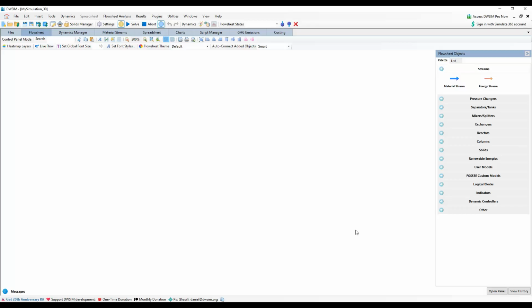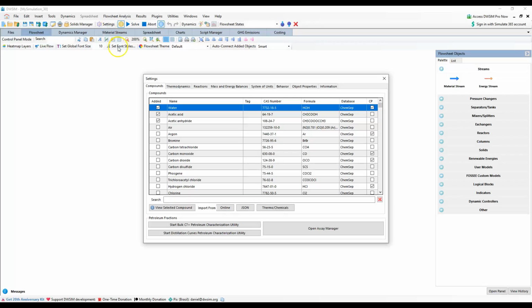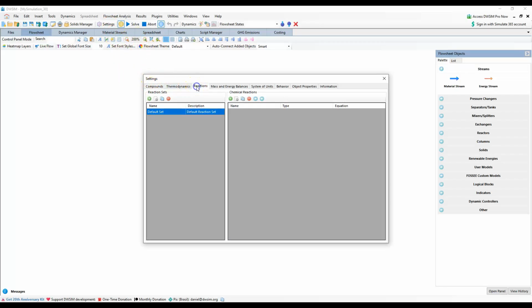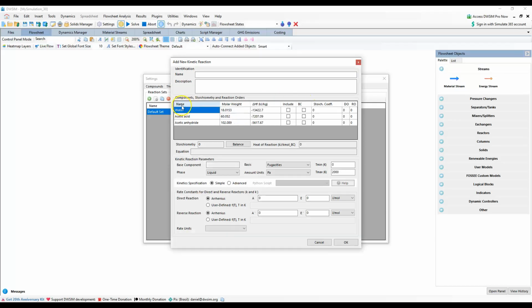Now here first I am setting the kinetics. So I am clicking settings, then going to the reaction. Here I am adding the kinetics. In that, I am writing a name, acetic acid production.